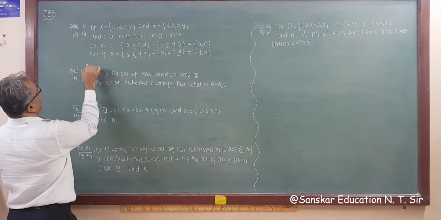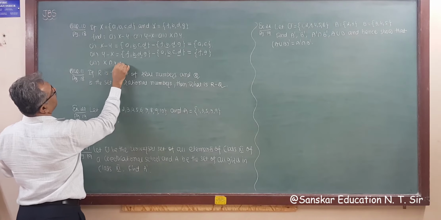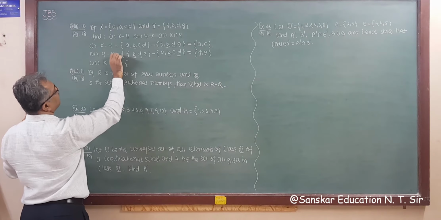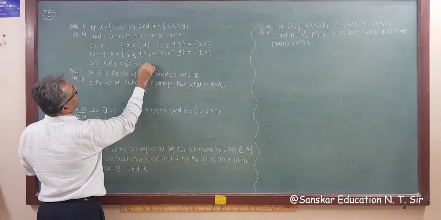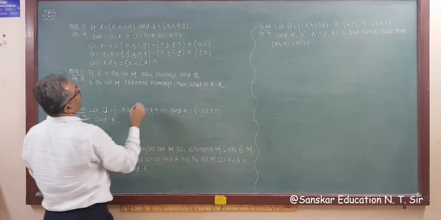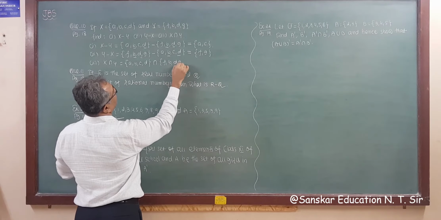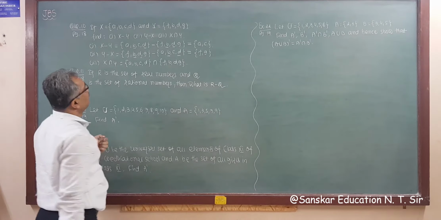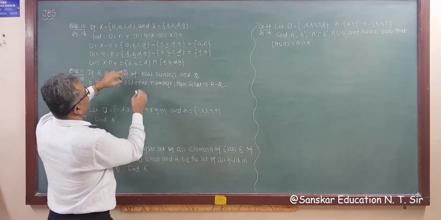And third one is X intersection Y. X is {A, B, C, D}, right? Intersection Y. Y is {F, B, D, G}, right? So intersection means you have to write the common elements.